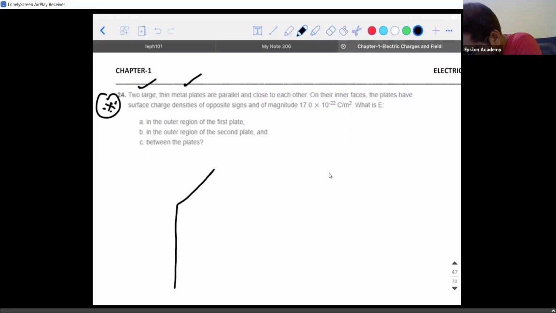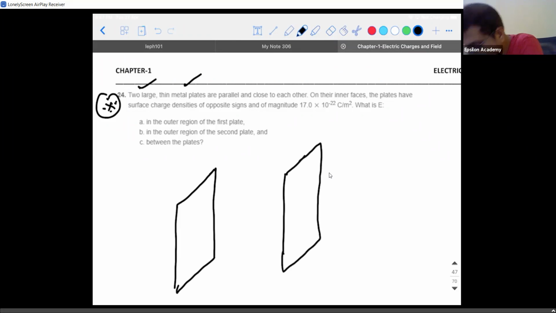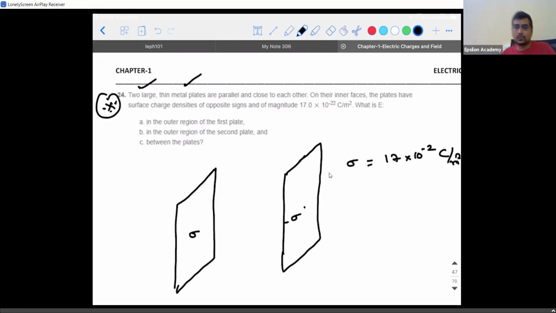So if I take a sheet like this and another sheet like this, they both are facing each other like this. On their inner faces, the plates have surface charge densities of opposite signs. So here it is sigma, here it is negative sigma. So how much is the value of sigma? It is 17 into 10 power minus 2 coulomb per meter square.